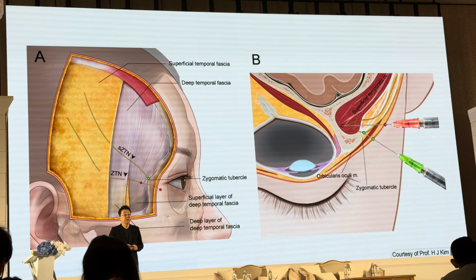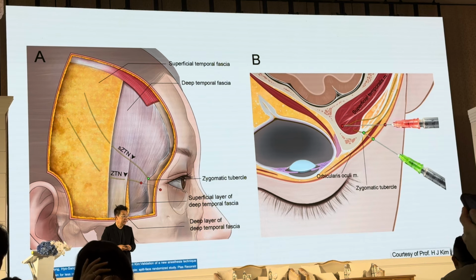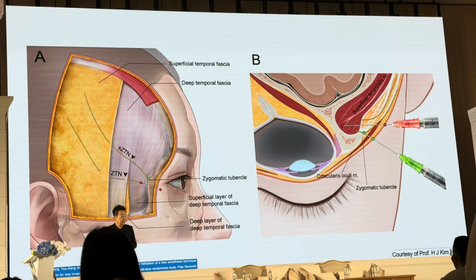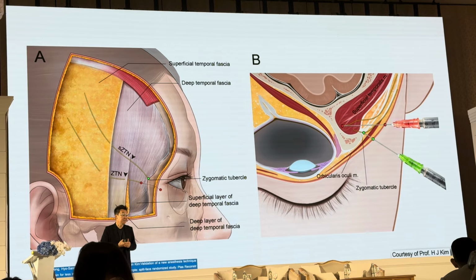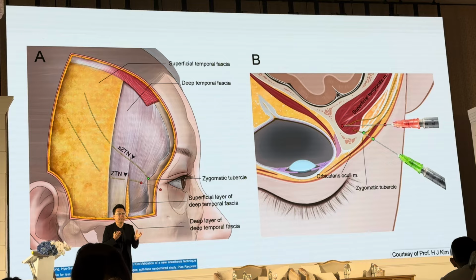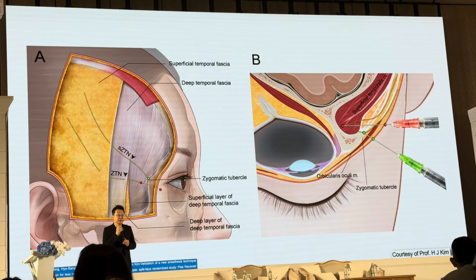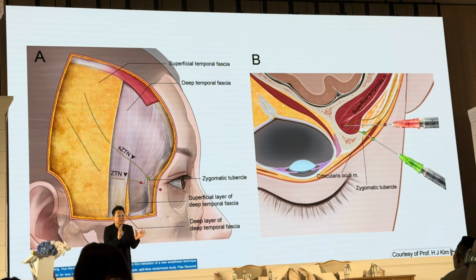A few years ago, we performed a clinical trial using a split-face method. On one side, we injected the zygomaticotemporal nerve branches using a conventional technique, and on the other side, we tried a very superficial nerve injection technique to evaluate the anesthetic effect.